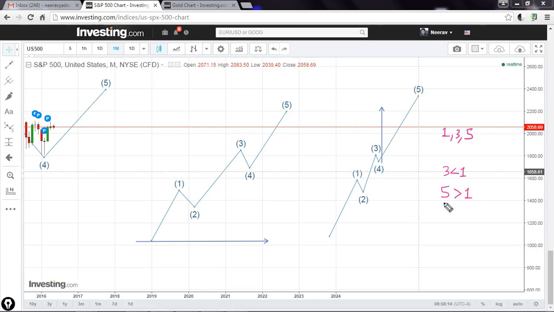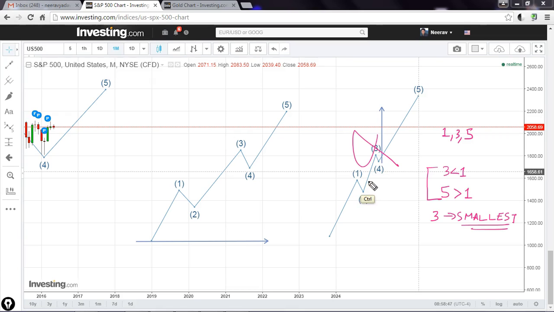Since wave 5 is greater than wave 1 and wave 1 is greater than wave 3, from these 2 facts we are clear that wave 3 is the smallest, which is a clear violation of the second rule of the Elliott Wave Theory, and hence this wave count is incorrect. If we encounter such a wave count, then clearly we have done it incorrectly and we have to do a recount of the entire structure. That is for the rule for the third wave.